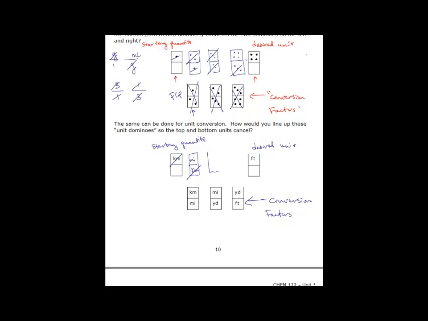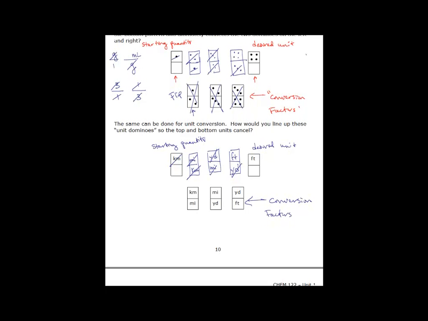In order to get miles to cancel out, I need to put this conversion factor on the bottom and the yards on the top. So miles is canceled out. Now we're in yards. So we're not quite to feet yet. It turns out there is a conversion factor that goes from yards to feet. In order to get the yards to cancel out, you need to put the yards on the bottom and the feet on the top.